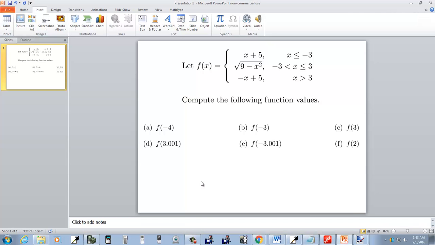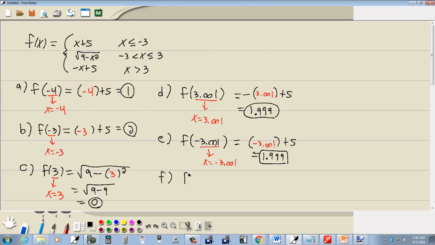And F. We want to find f of 2. Now, whatever number's inside of our parentheses is x, so they're telling us x is equal to 2. And we're going to mentally plug that into the conditions over here and see which one's true. So I put 2 here for this x. Is 2 less than or equal to negative 3?